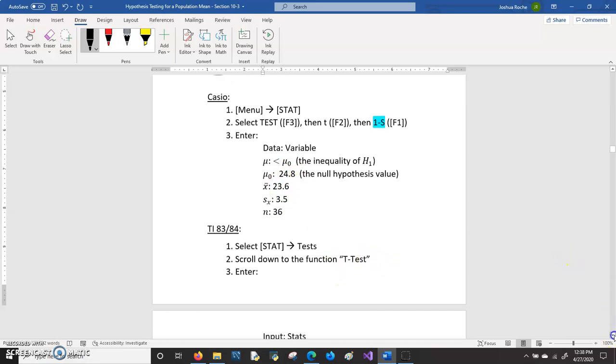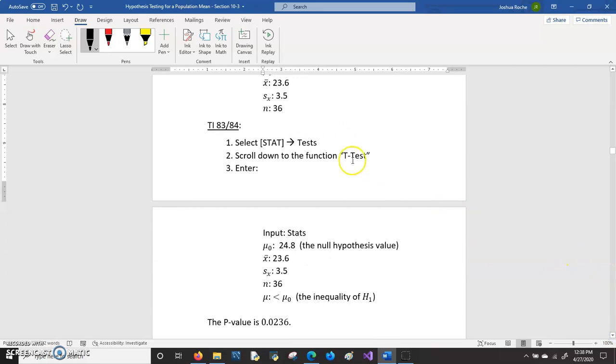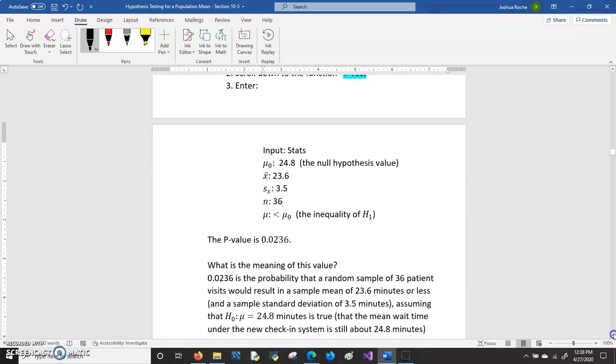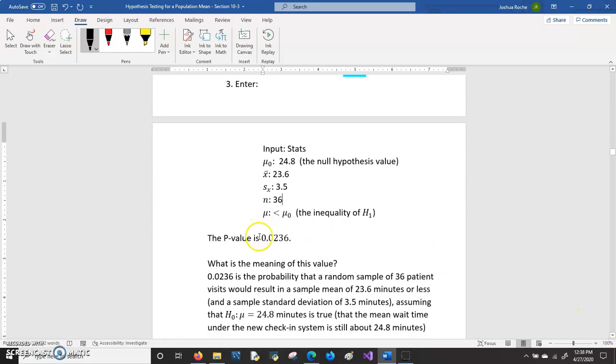On the TI-83 and 84, ultimately you'll take these steps and you want to get to the function called t-test, and you'll put in the null hypothesis value, the sample mean, sample standard deviation, sample size, and also you want to make sure to put in the inequality that's matching the alternative hypothesis. So either way, when you calculate it, you'll get a p-value of 0.0236.